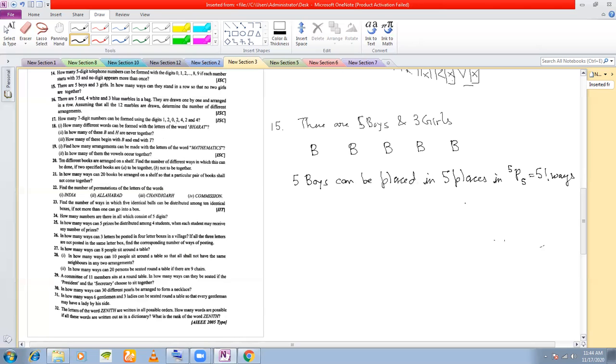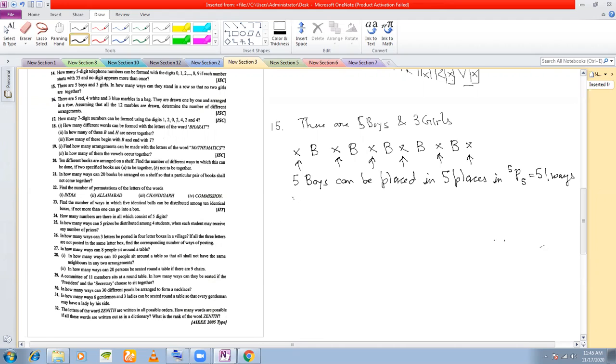Next, the girls can now be placed in these places: this, this, this, this, or this. How many places are there? One, two, three, 4, 5, 6. There are 6 places. And how many girls are there? There are only 3 girls.